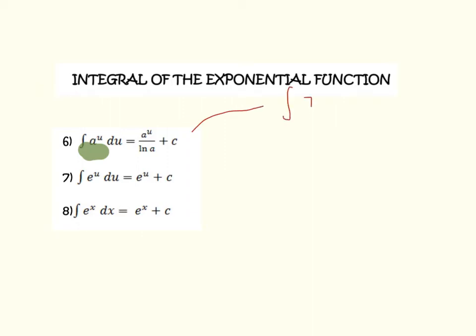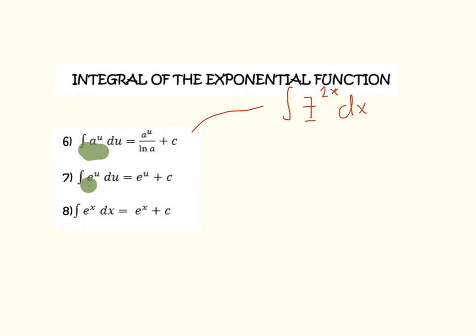the integral of 7 to the 2x times dx, because the base is a real number different from e, which is this one. Whenever you have base e, you're going to use this rule.